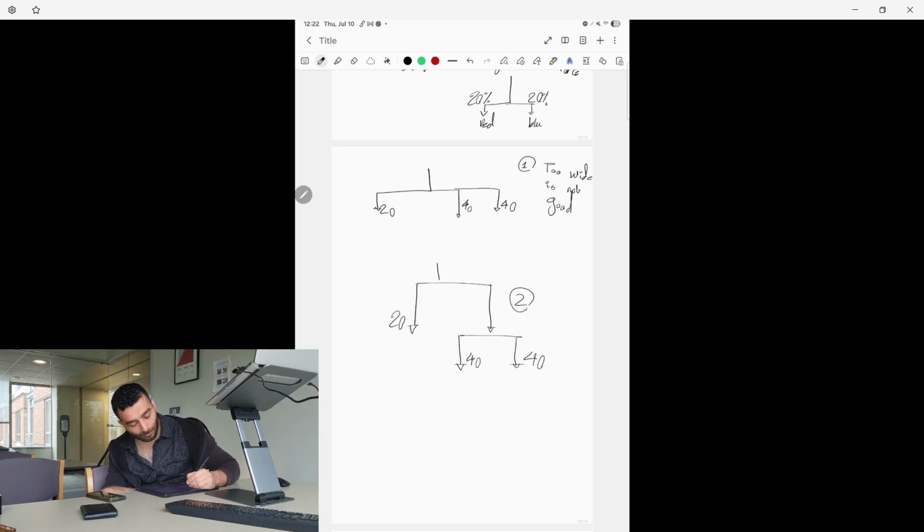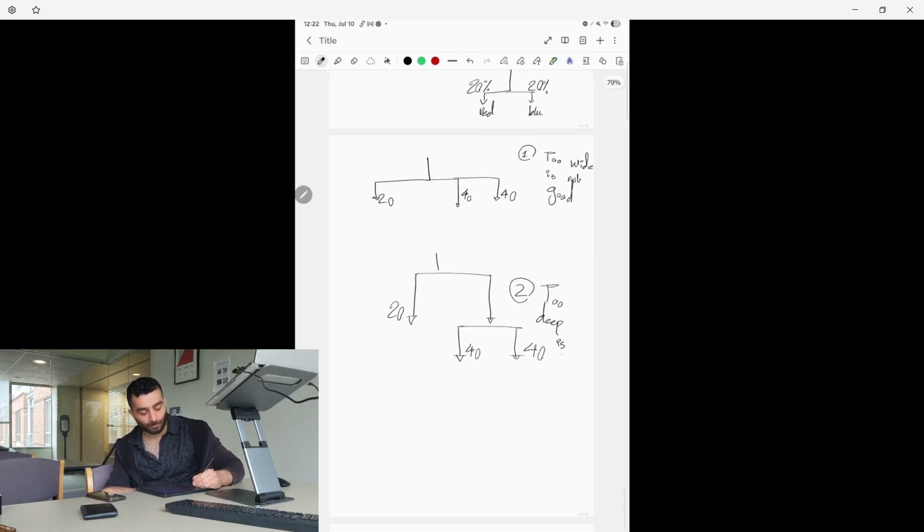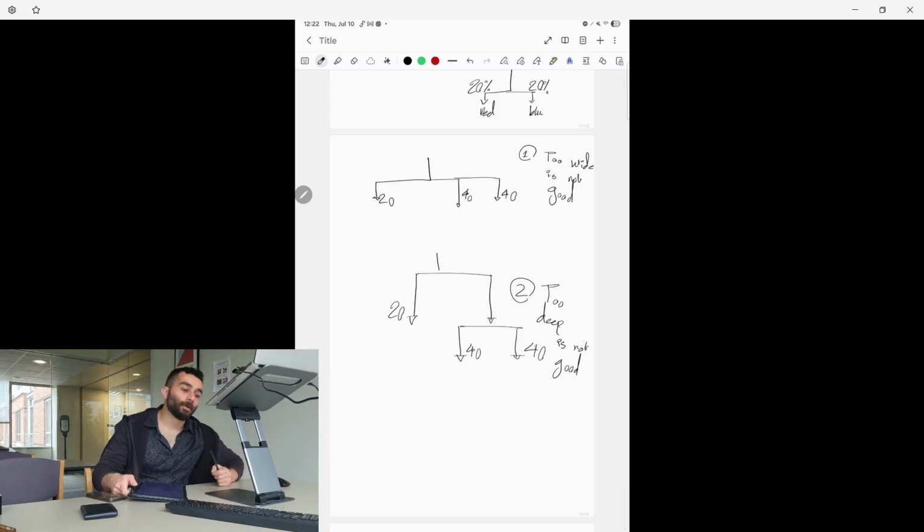Too deep is not good. I think there are a lot of things about search on trees, and we can look at them. All right, so let's go to ChatGPT maybe actually.